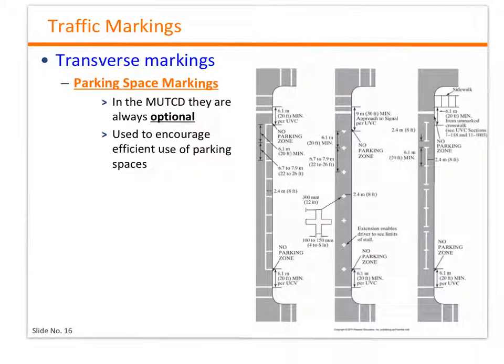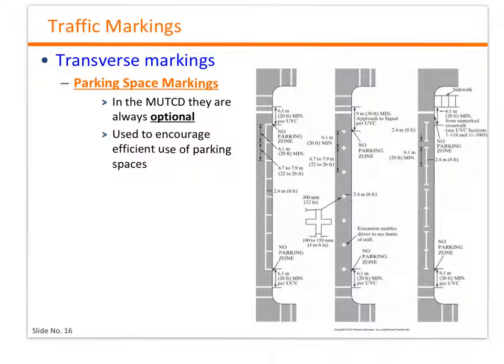We also use transverse markings as parking space markings. In the MUTCD, they are always optional, but it's good practice to have transverse markings where you are drawing all the parking, and it's used to encourage efficient use of parking spaces.